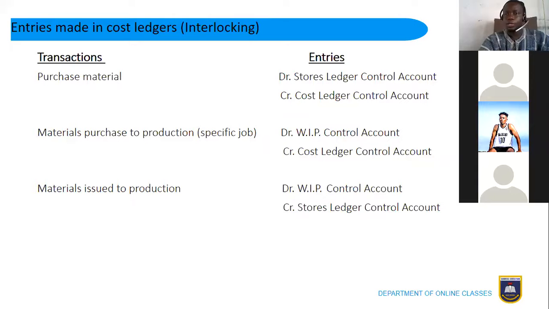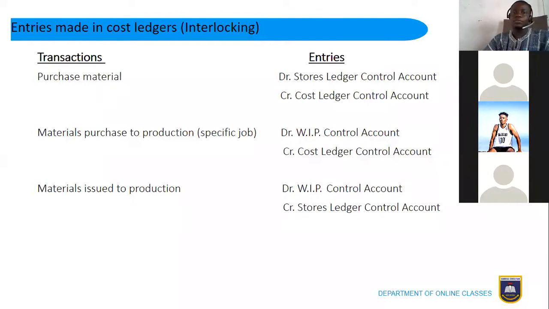All right, thank you. Shina, you also raised up your hand. What do you have to say? Because the store's ledger control account shows material received. So when you are receiving, then you debit. All right, thank you. So that is it. They've said it all.